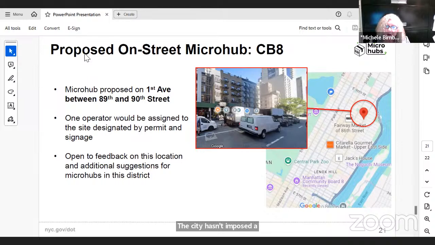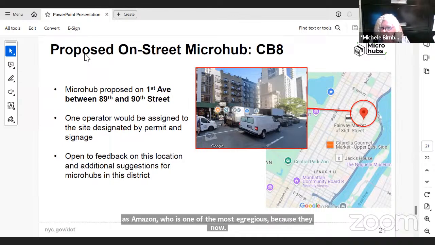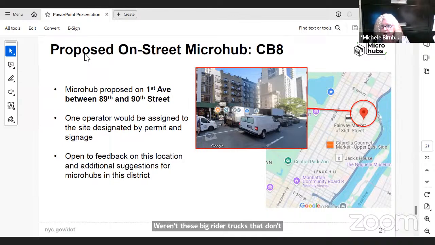In other words, it seems to me that the individual companies, such as Amazon, who is one of the most egregious, because they now rent these big rider trucks that don't even say Amazon on them, but they take up a whole street. They have a whole cone set up. They have a setup for this. And they can take up half a block. They're in residential streets, blocking entrances, etc.